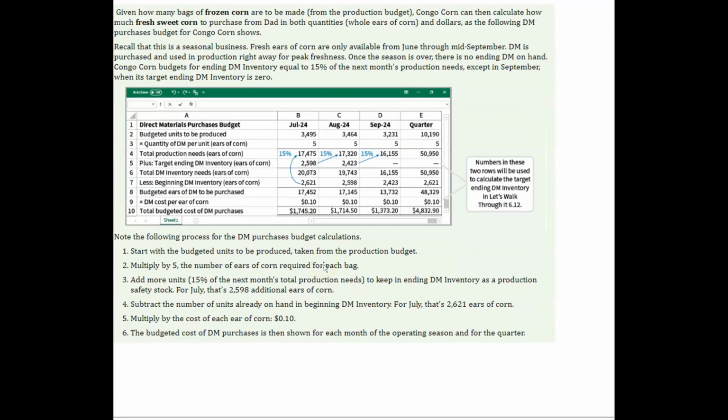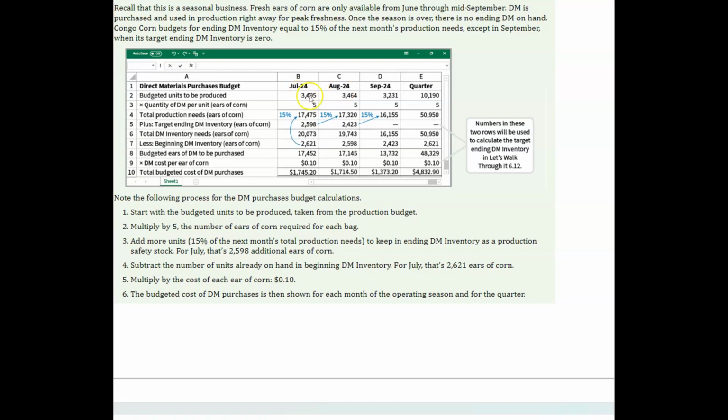This is our budgeted production, and we need 5 ears of corn for each unit of product. So this, our total production needs, these are the total number of ears of corn that we need. Okay, and we're doing it for the quarter, so this is July, August to September 2024.